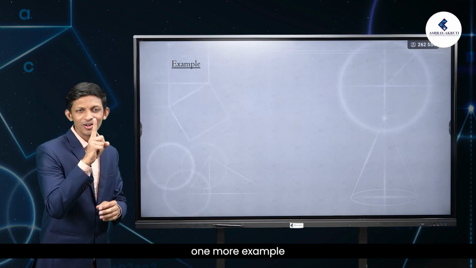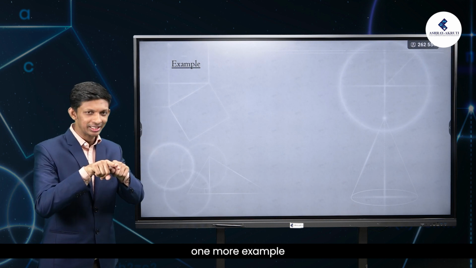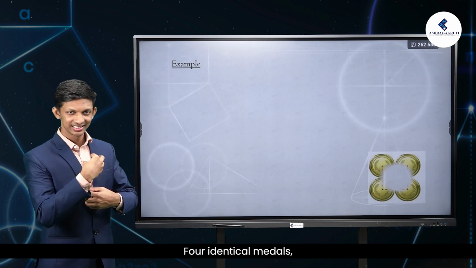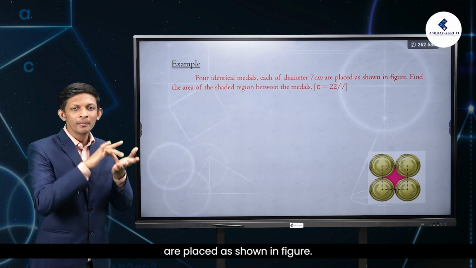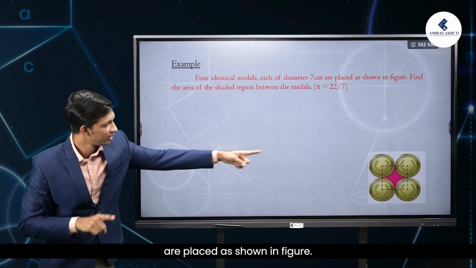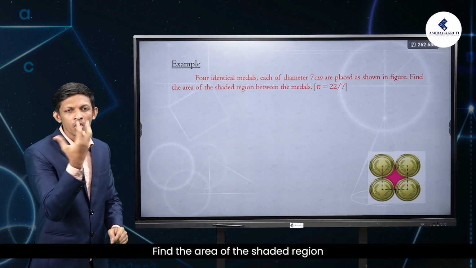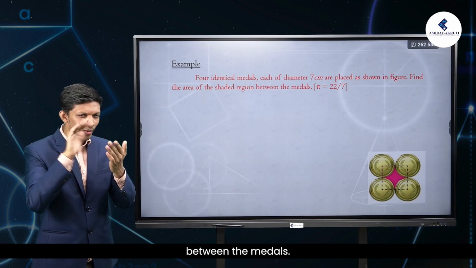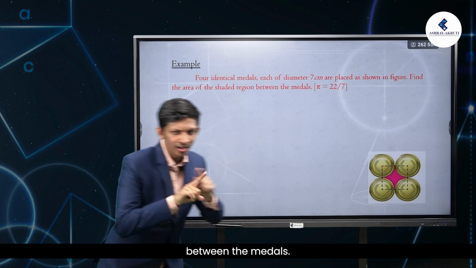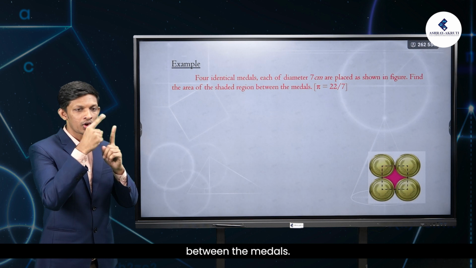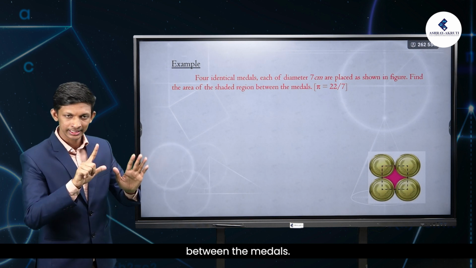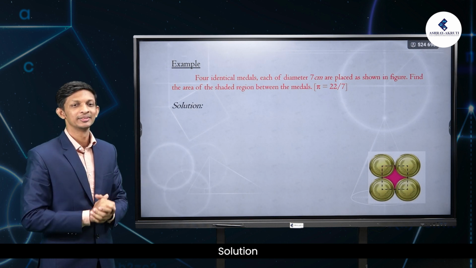Let us see one more example. 4 identical medals, each of diameter 7 cm, are placed as shown in figure. Find the area of the shaded region between the medals. Solution.